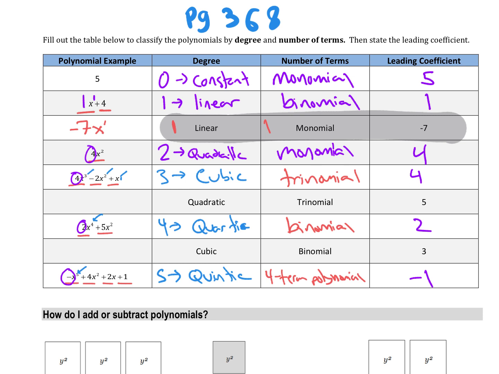Quadratic means it's degree 2. Trinomial means we have 3 terms, and the leading coefficient has to be 5. So for it to be quadratic, I need my first exponent, my biggest exponent, to be 2. So it's going to be 5x squared. Now I need 2 more terms, so I'm going to just do a linear term and a constant term.